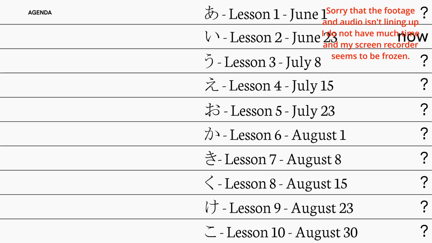So this is how it looks split up. We'll get back to this a little bit later. We're probably just going to switch back and forth.